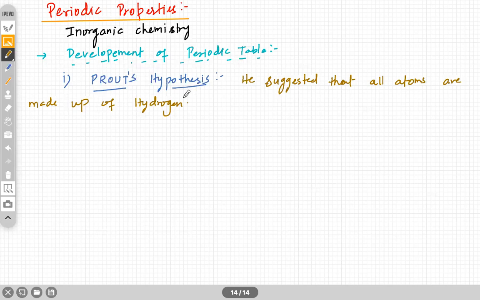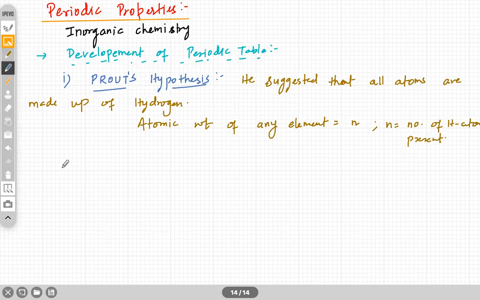And the atomic weight of any element, he says, is equal to n, where n is the number of hydrogen atoms present in it. Right? This is the first theory that we get for the arrangement of atoms.